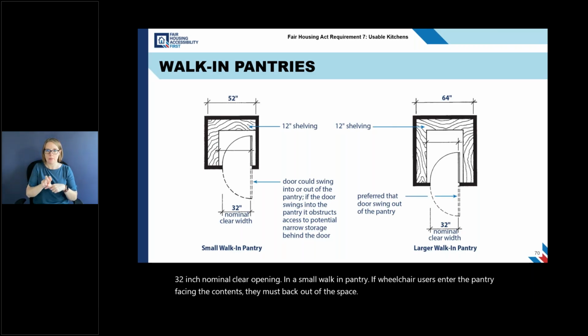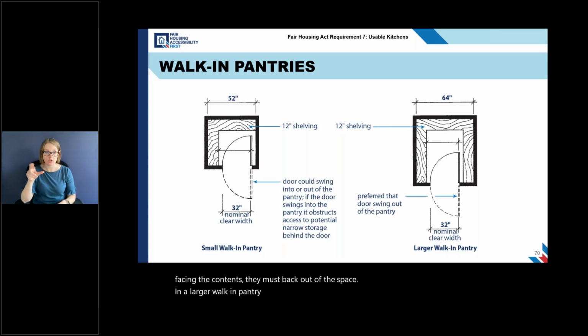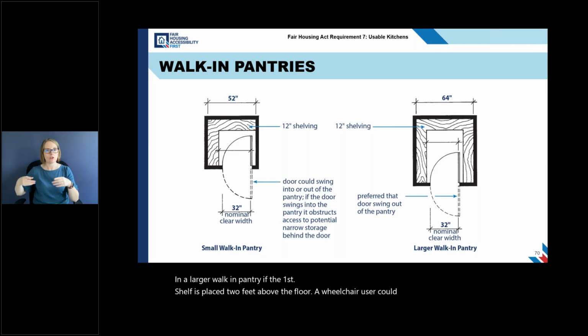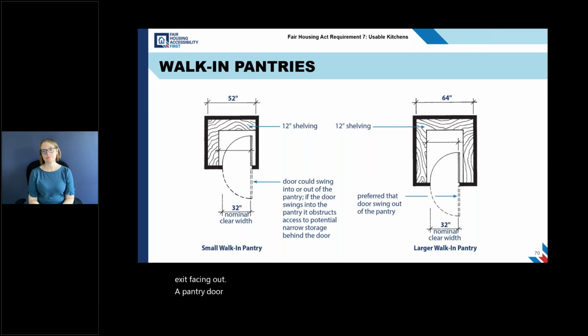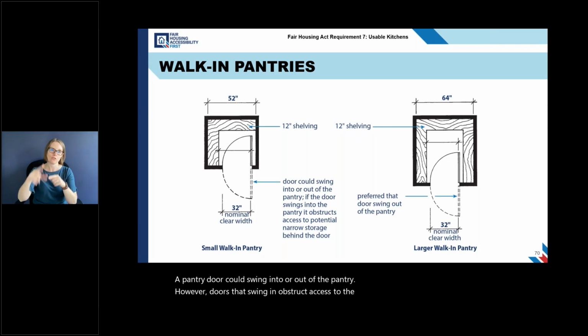In a larger walk-in pantry, if the first shelf is placed 2 feet above the floor, a wheelchair user could turn around in the pantry and exit facing out. A pantry door could swing into or out of the pantry. However, doors that swing in obstruct access to the storage behind the door.